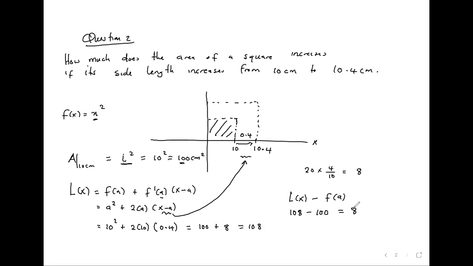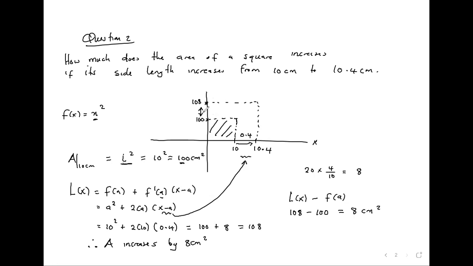So we get 8 centimeters squared. Therefore, area increases by 8 centimeters squared. So if this was 100, when we increase to 10.4, it increases to 108.